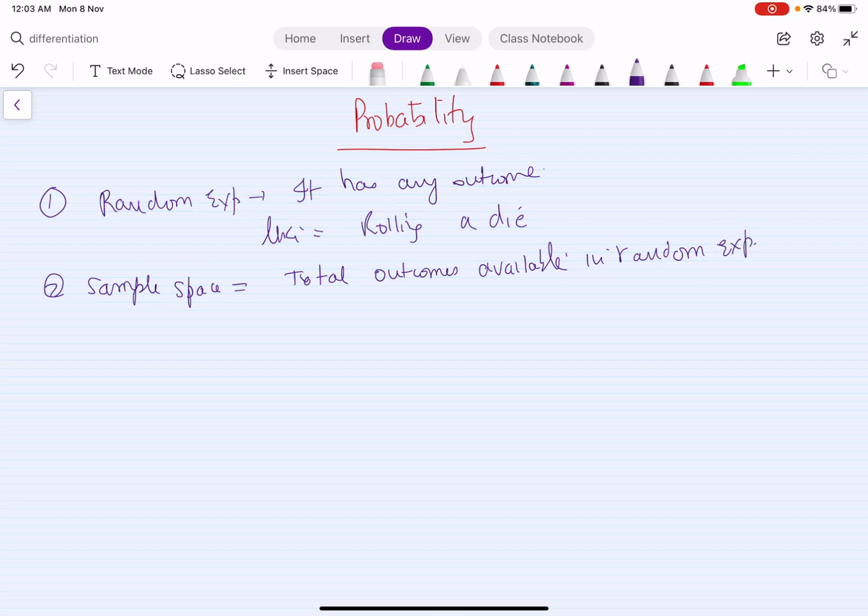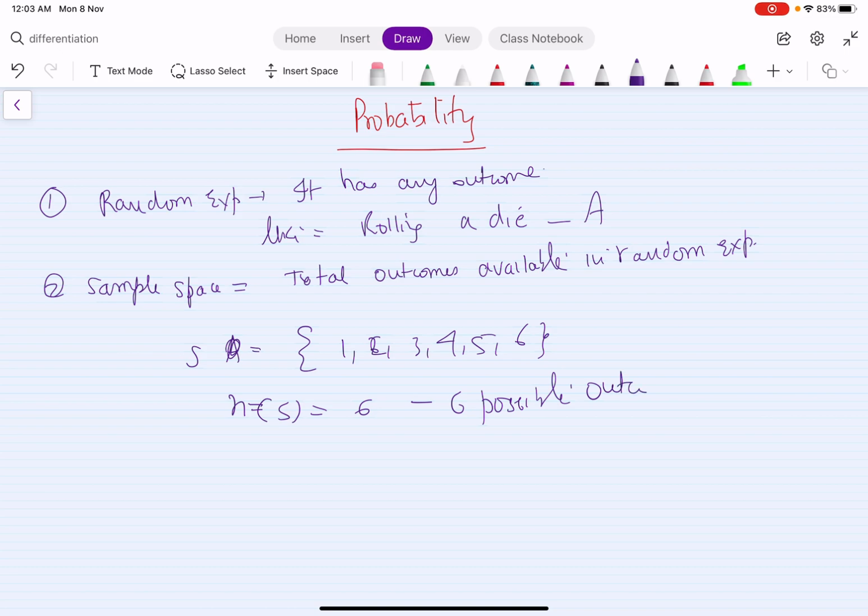For example, in rolling a die, the different outcomes can be 1, 2, 3, 4, 5 and 6. What are the total number of outcomes? The number of outcomes in the sample space is going to be 6. Sample space is denoted by S, and there are 6 possible outcomes here.